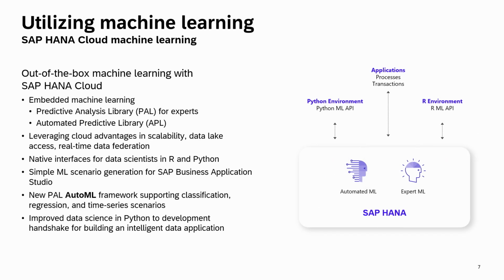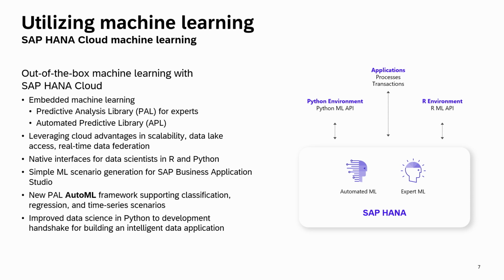Last but not least, there is a vast variety of statistical and machine learning algorithms well integrated in SAP HANA Cloud. That goes by mainly two packages, the PAL, the Predictive Analysis Library, and the APL, the Automated Predictive Library.